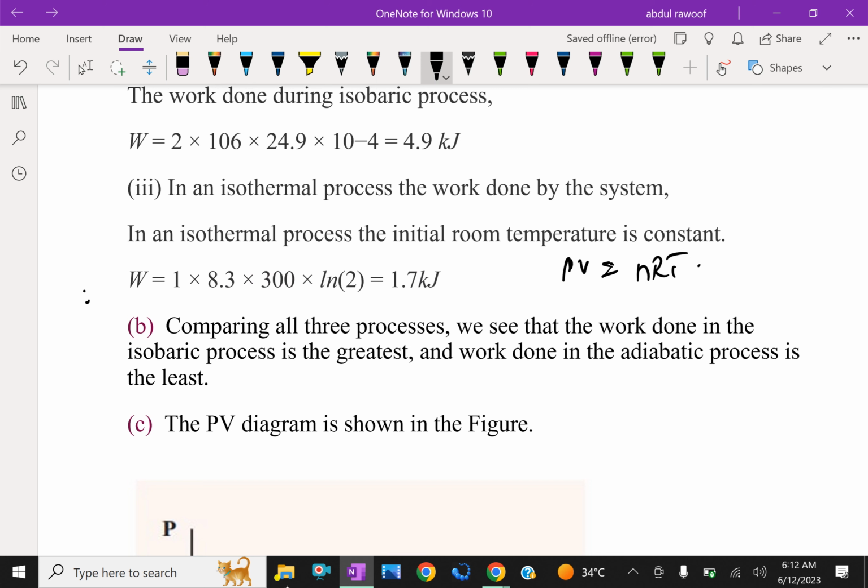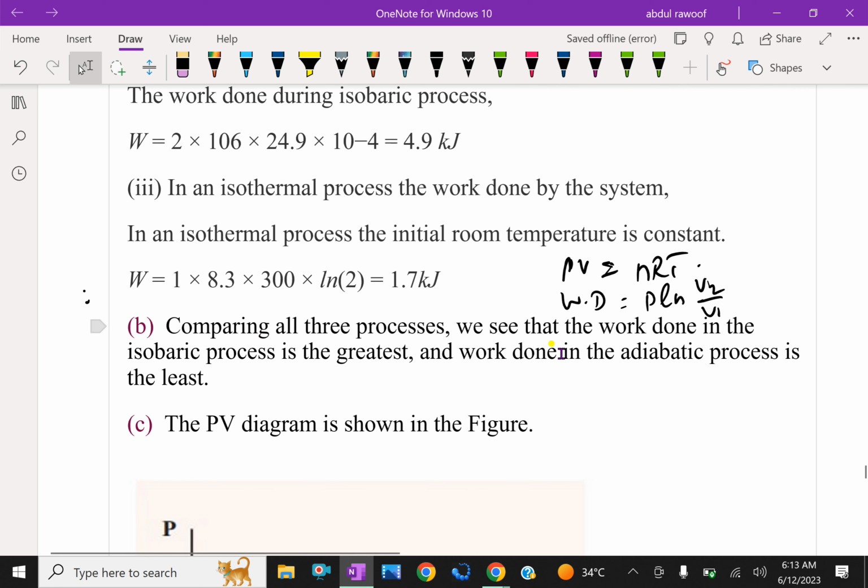From this relation, for the isothermal process, we can use these values to get the work done equal to nRT ln V2 by V1. By using this relation, we can get the work done.